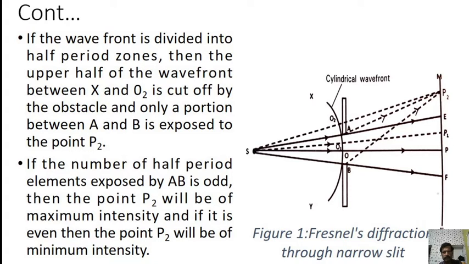If the number of half-period elements exposed by AB is odd, then the point P2 will be of maximum intensity, and if it is even, then the point P2 will be of minimum intensity.